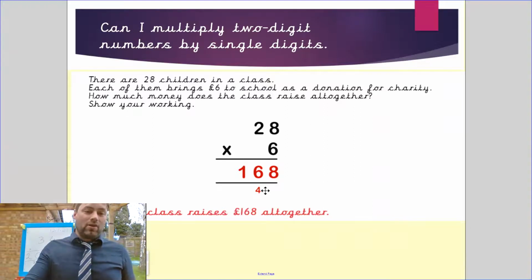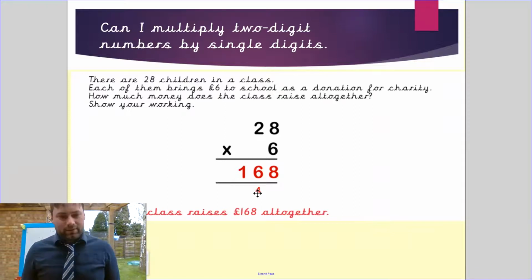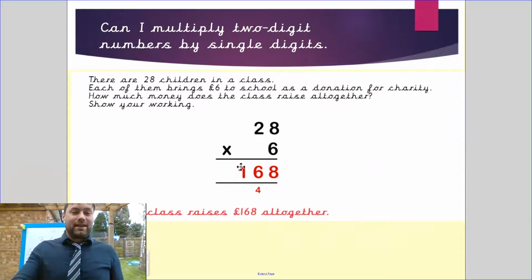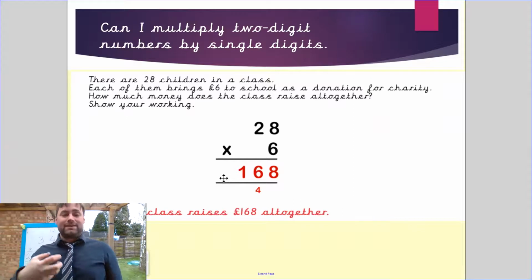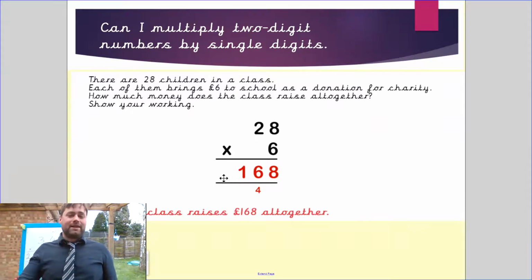But then we have to add on our 40, or our 4. So we do 2 times 6, which is 12, and then add on the 4 to give us 16. Or if we were talking about it in terms of tens, it would be 20 times 6, which is 120, and then add on 40, which gives us 160. Our total answer is £168.